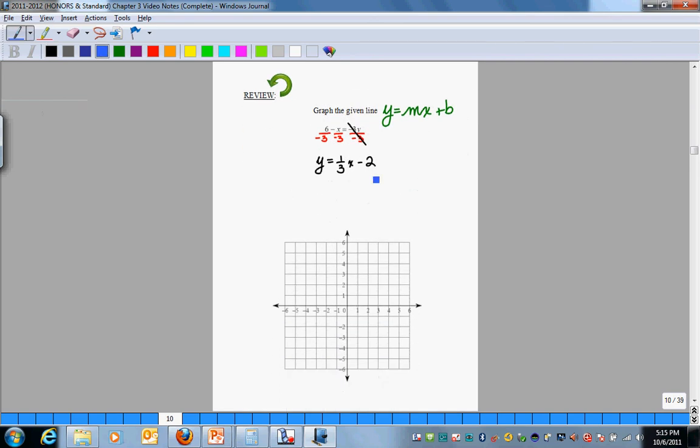To graph this, we're going to start with what's called the y-intercept. At negative 2, my rise is 1, my run is 3. So I'm going to go up 1, over to the right 3.